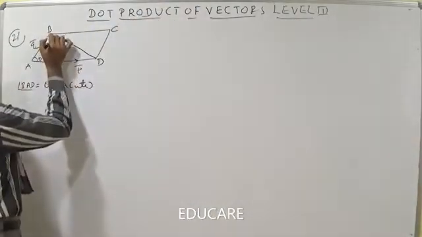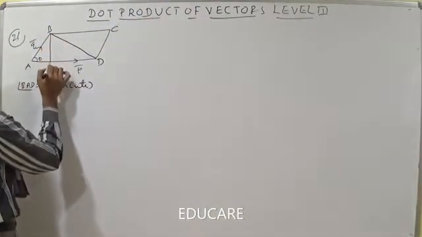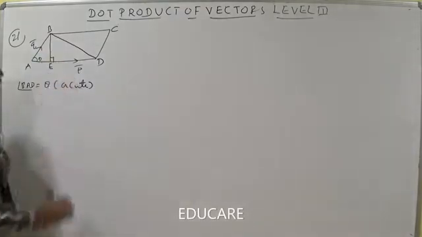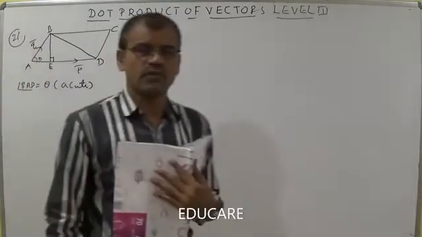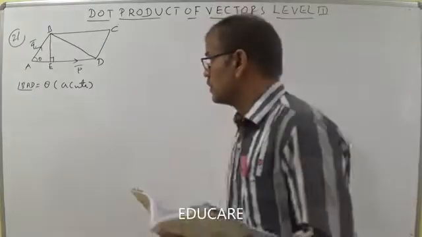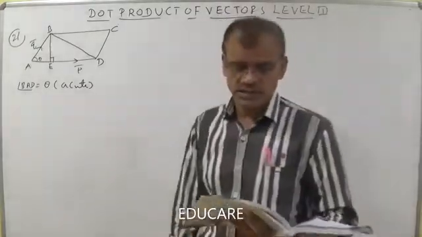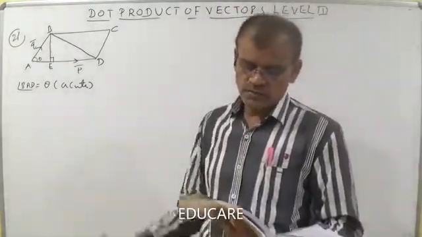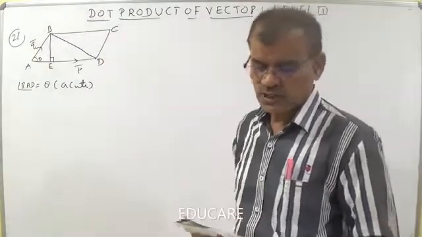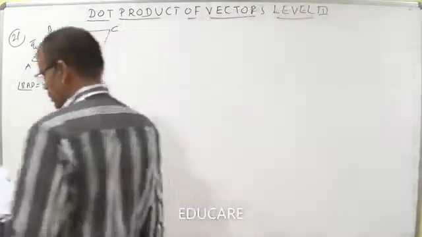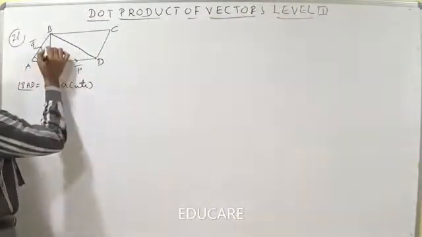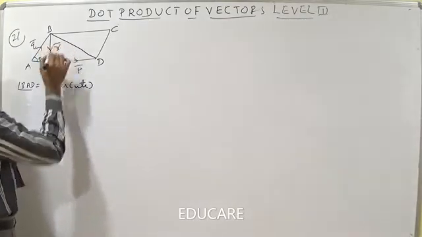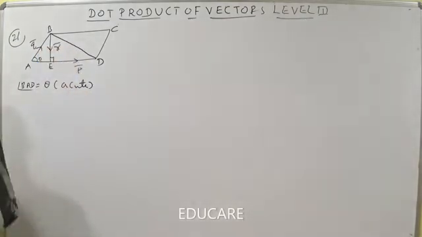Let the altitude be BE. E is the foot of the perpendicular line segment drawn from the vertex to the opposite side. In triangle BAD, the altitude BE from vertex B to side AD, he put the name as R bar.